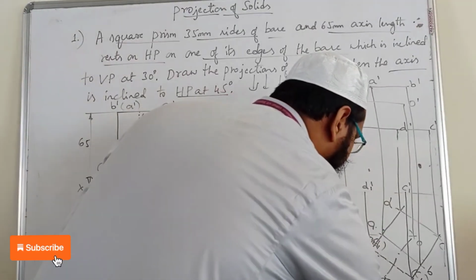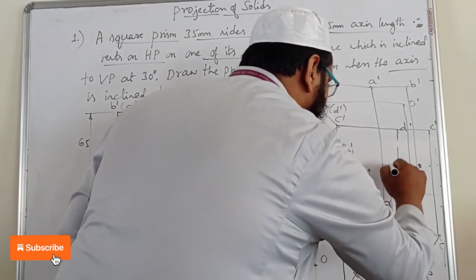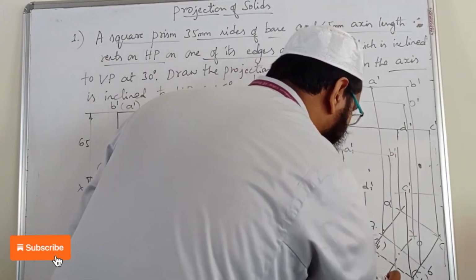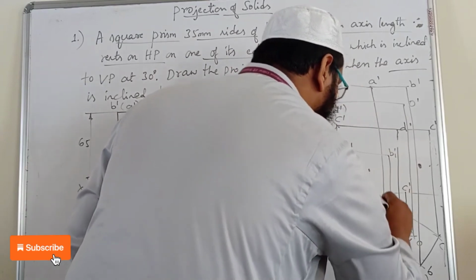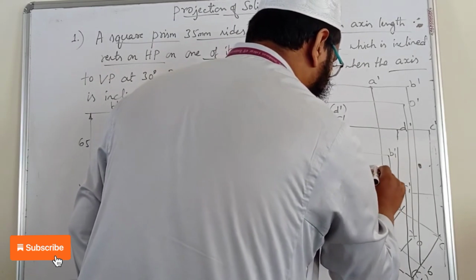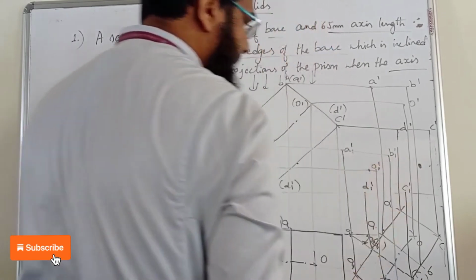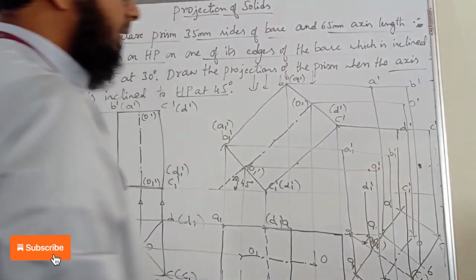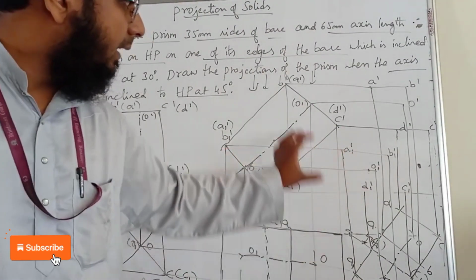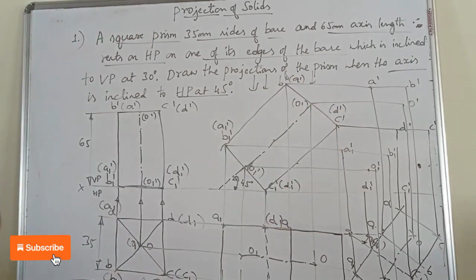Similarly, we have this is B1 dash. And exactly here we have O1 dash. Okay. So now we have done with both bottom face notations and top face notations. This is how we have to do it.